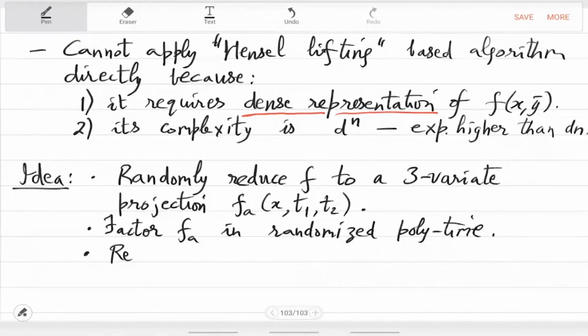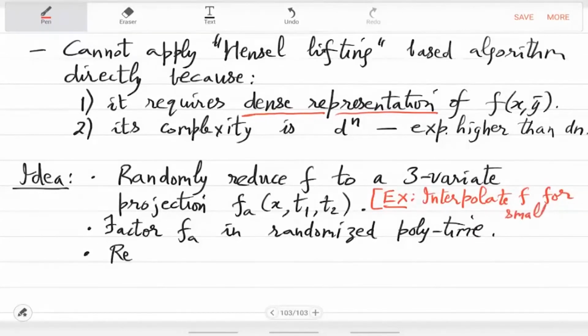So let me say that here. Interpolate f for small n. It's just interpolation. So black box and dense representation are the same when n is small, but as n grows, it exponentially blows up.